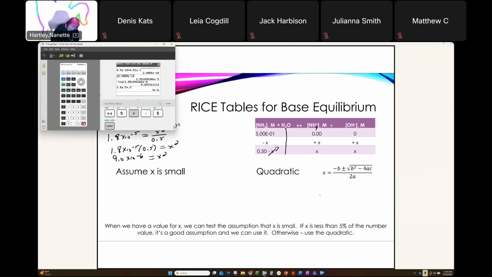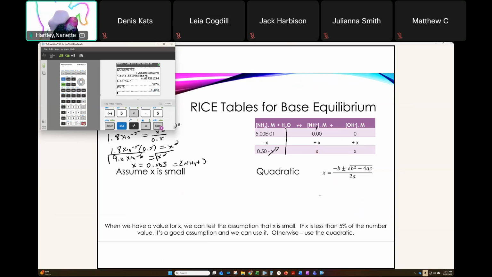I take the square root of both sides, and that gives me X is equal to 0.003. Okay. If I were looking for the concentration of the NH4 plus, that is what that is.